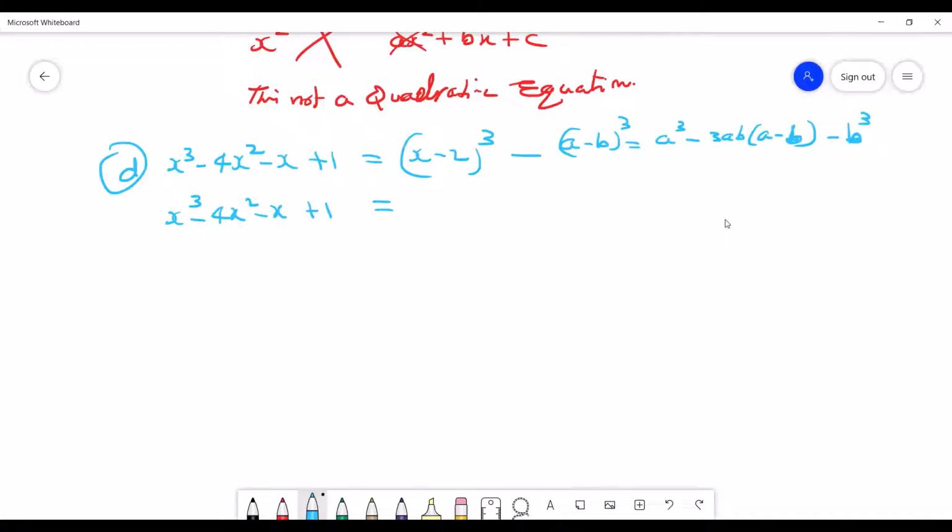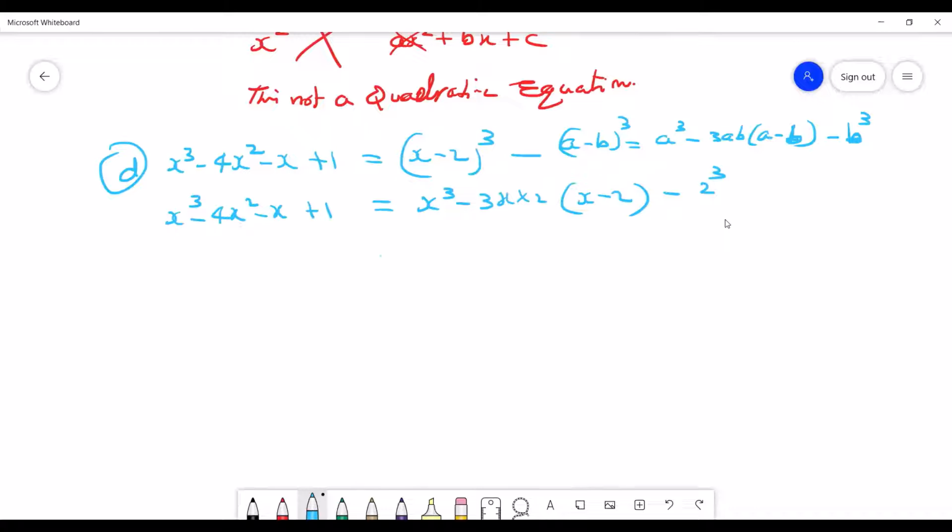So this will be a cube means x cube, then minus 3a is x, b is 2, into a minus b is x minus 2, minus b cube means 2 cube.